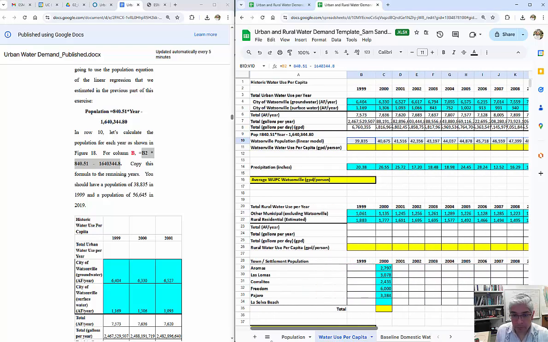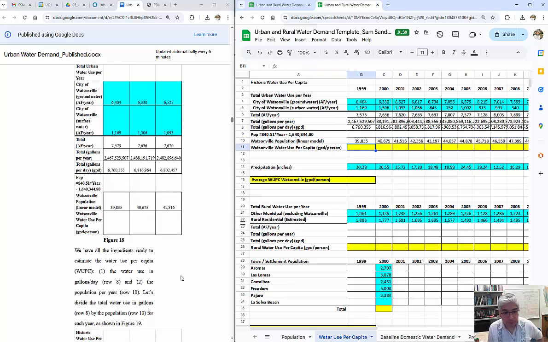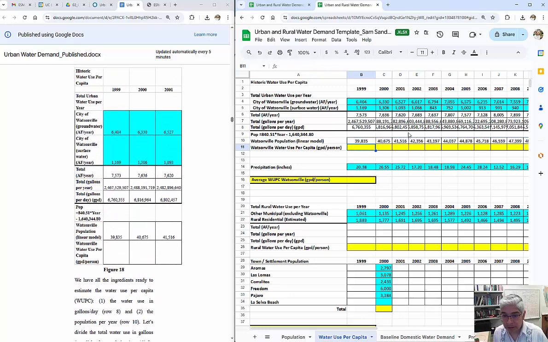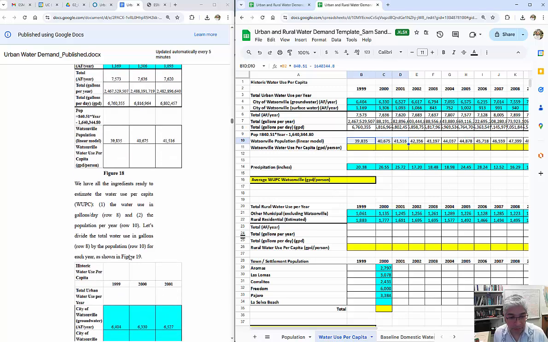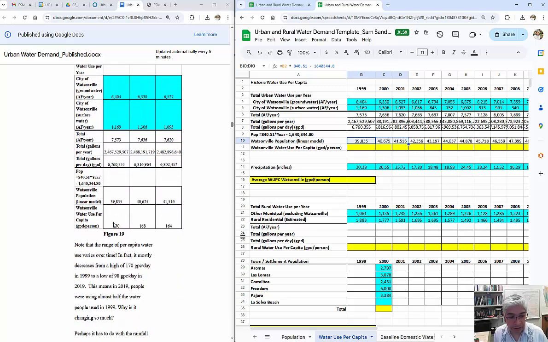Okay. Now, once we have finished this, which is the series of values that you're seeing here, what we need to do is calculate the gallons per capita per day. Basically in this case it is the gallons used per day divided by the number of people.